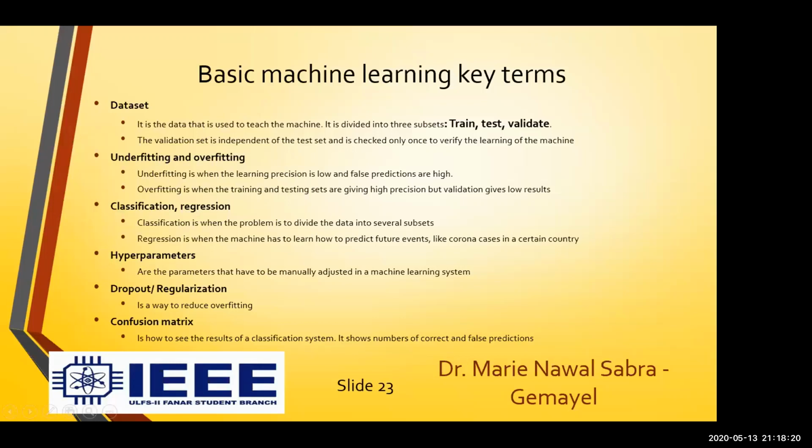Dropout is reducing the number of data that you have, but the objective is to reduce the risk of overfitting. Overfitting, we said, is not good because I do not want to memorize the data. I want it to adapt and learn so that it would give good results for any data that it's given.